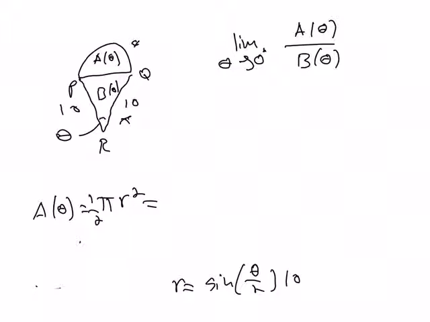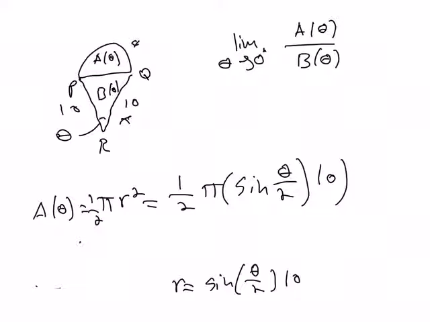So this is going to be half pi, and then we're going to have sine of our angle over 2 times 10. And now we're squaring this. So that gives us A. Now the question is, what is B?